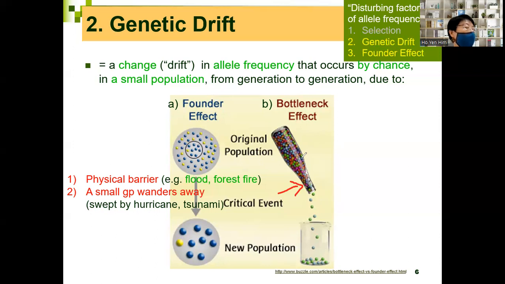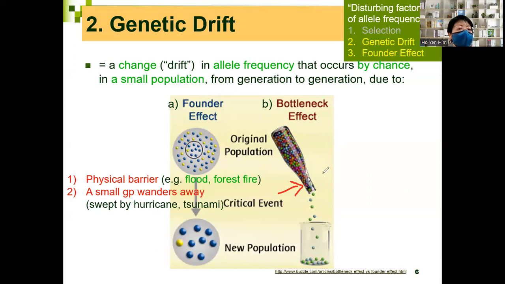They die because of some selection pressure here. So whatever is left to survive will be a sample from the original population, but the allele frequency will be different because it depends on who survived, right? It depends on who survived. So this group of new population here is a sample from the original one, but the allele frequencies are different from the original one. So this is called the bottleneck effect.